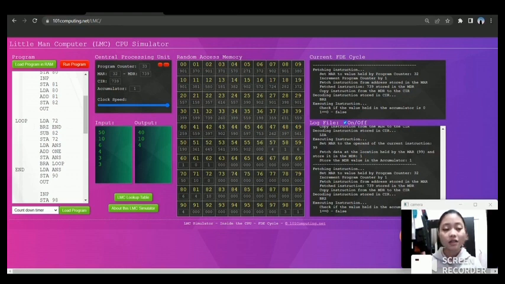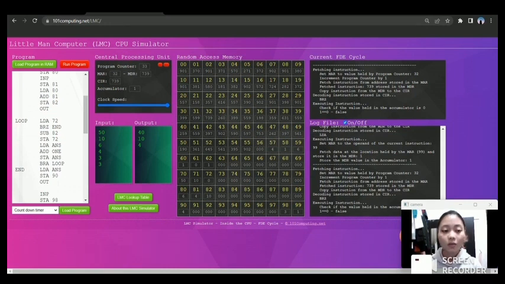The assembly language about divide is loop, and then it will load the data to 72 memory, and then if it's 0, it will branch to a specific cell, and then it will end, and then it will subtract at the 82 memory, and then it will store to the 72 memory, and then it will load the answer, and it will add 1, and then store the answer, and then it will branch to the loop, and then it will end, and then it will load the answer and store to memory 90, and then it will out.